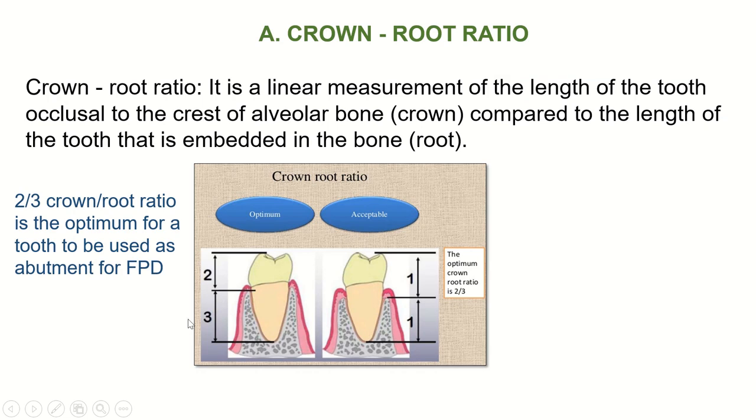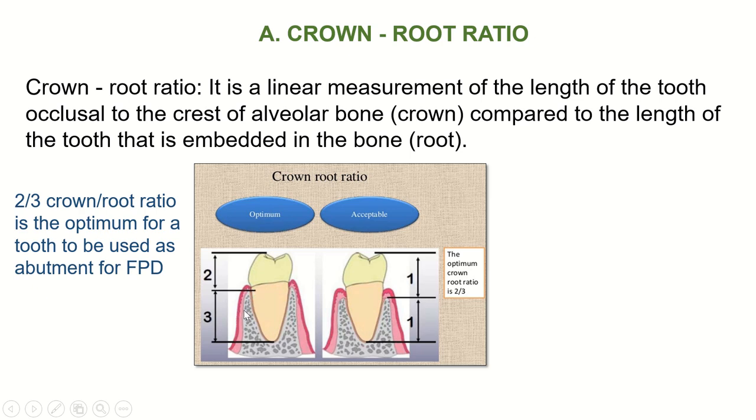Another factor related to the root is the crown root ratio. Of course this is measured using a radiograph, and we can call it a linear measurement of the length of the tooth coming out from the crest of the alveolar bone to that embedded inside the bone. The point we measure from is the crest of the alveolar ridge.